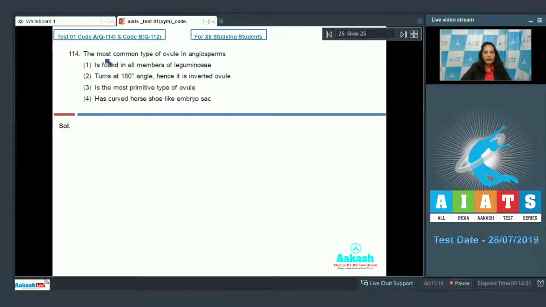Question number 114. The most common type of ovule in angiosperms. So which is the most common type of ovule in the angiosperms? It is Anatropous. It is found in all members of the Leguminosae? No. In Leguminosae, Campylotropous type of ovule is found. It is the most primitive type of ovule?